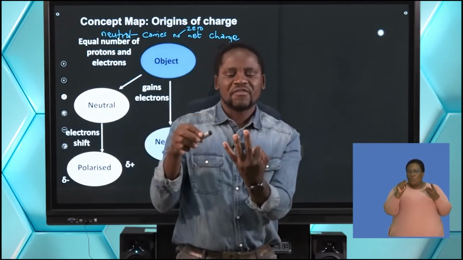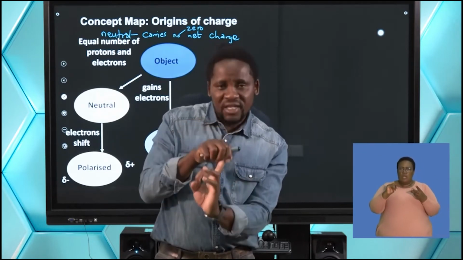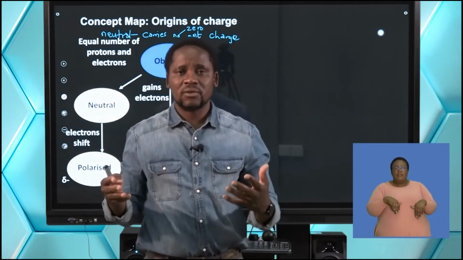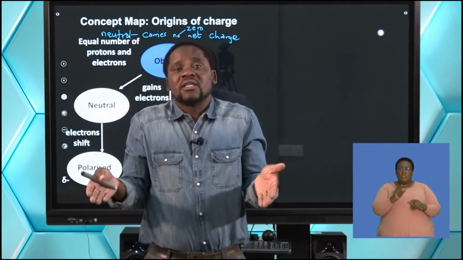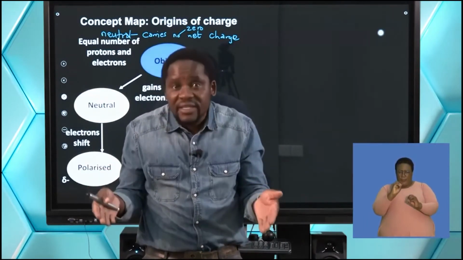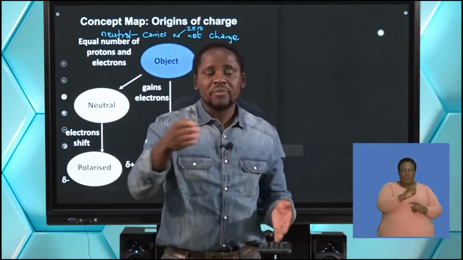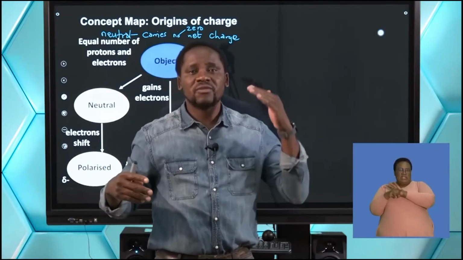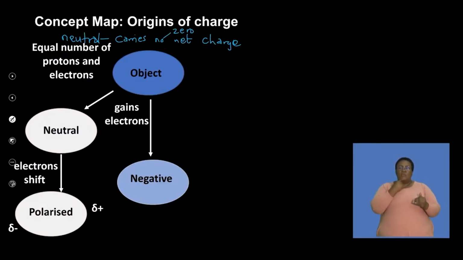Now, if the number of positive charges equals the number of negative charges, the net charge is zero. But wait a minute, does it mean there are no charges? Definitely not. It means the net charge equals zero. It means there is an equal number of positive to negative. So if it's neutral, that's the implication.